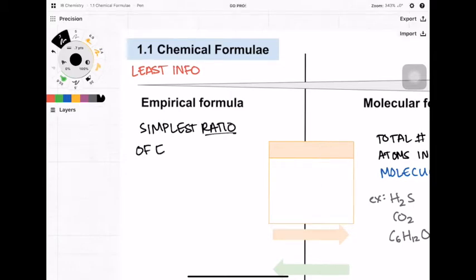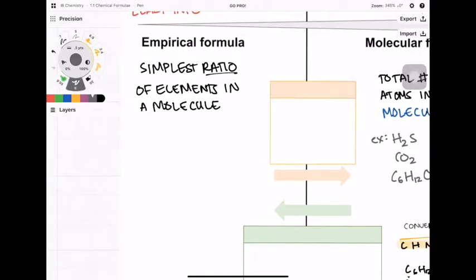Now, empirical formulas give us the least amount of information. They tell us the simplest ratio of elements in a molecule. So for example, if we have the molecular formula of H2O2, so hydrogen peroxide, agua oxigenada, very commonly used to disinfect things, the empirical formula of this molecule is HO.